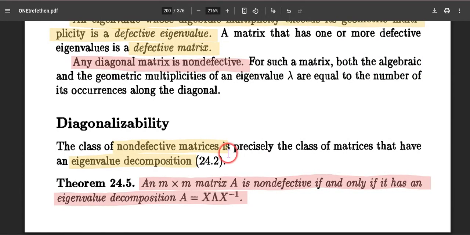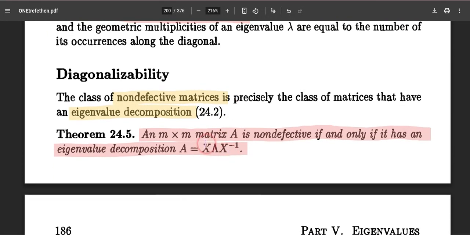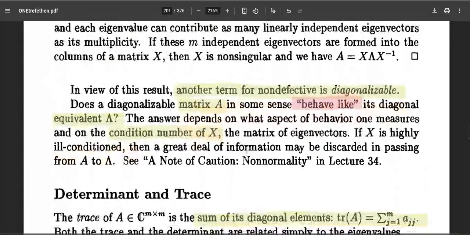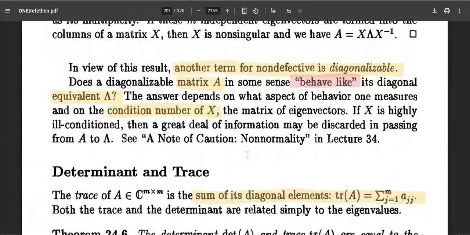So that's what it says in this theorem: a matrix is non-defective if and only if it has a diagonalizable form. It is the eigenvalue decomposition that we saw earlier. So how would the behavior be if it is a diagonalizable matrix? If a matrix is diagonalizable, how does the behavior of the diagonalized matrix correlate?